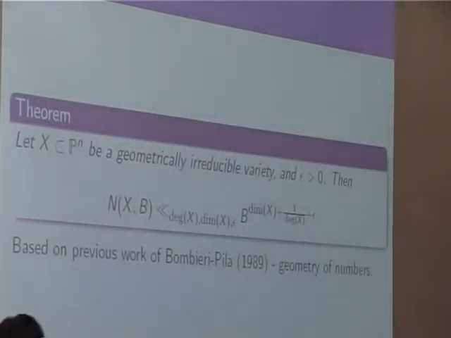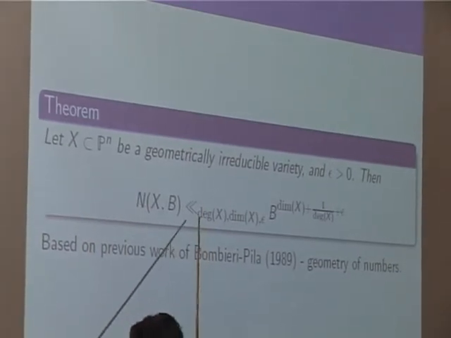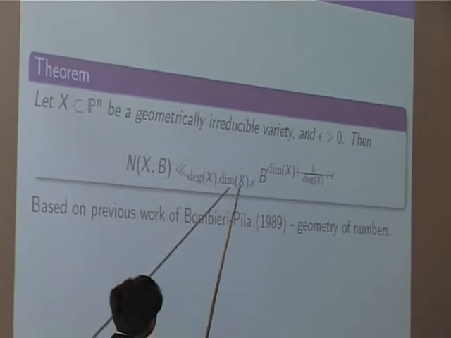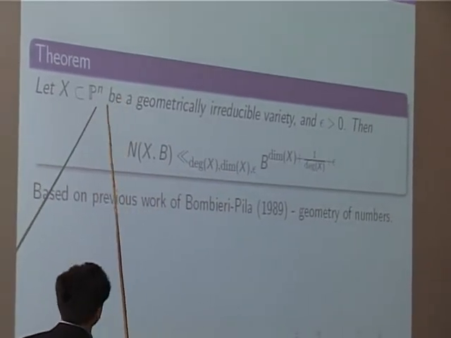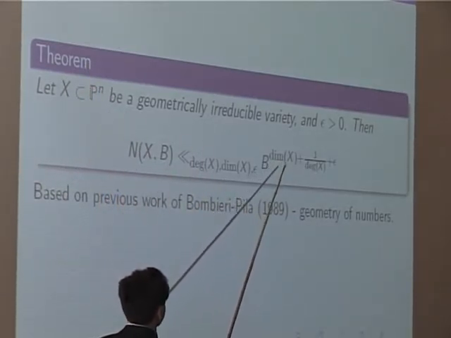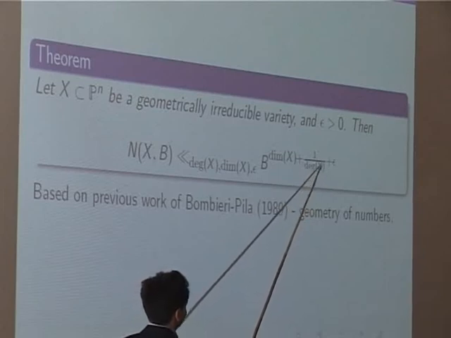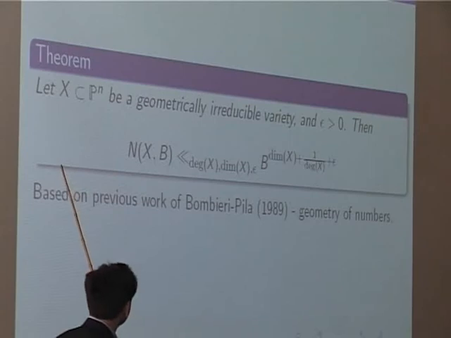So here are some upper bounds, uniform with constants depending only on the degree, dimension, and epsilon, but not on the concrete choice of a hypersurface in Pn. So that's the theorem of Pila from 95. So basically, dimension plus something, so plus 1 over degree, plus epsilon. All right, but uniform.